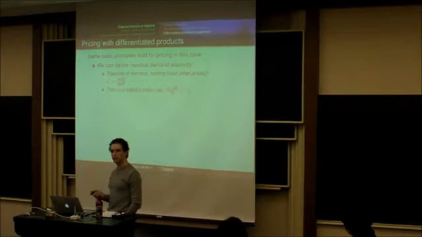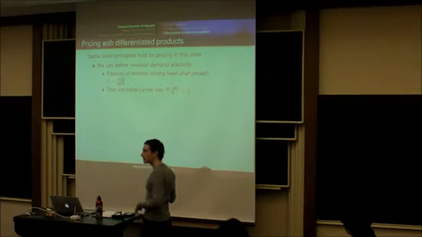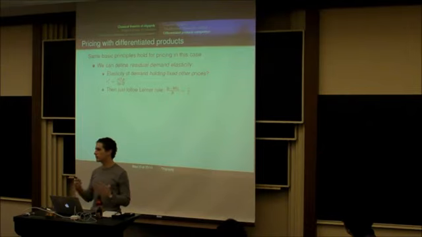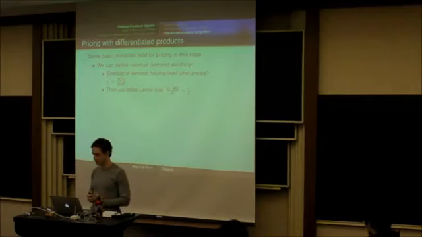And then firms are going to price according to the Lerner rule: price minus marginal cost over price is equal to 1 over the residual elasticity of demand. This is what we said in the monopoly lecture. All the monopoly stuff is not just applicable when the firm is literally the only firm, but any time the firm faces some residual demand.